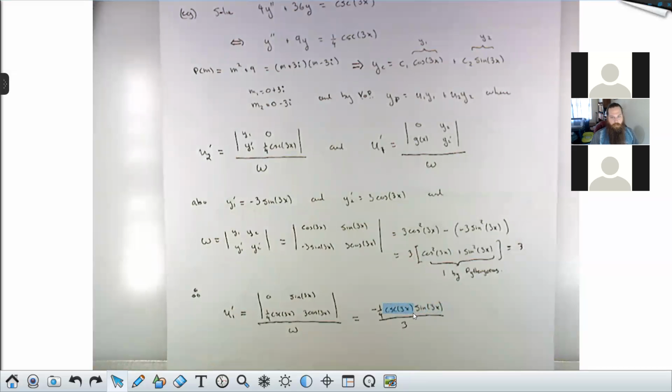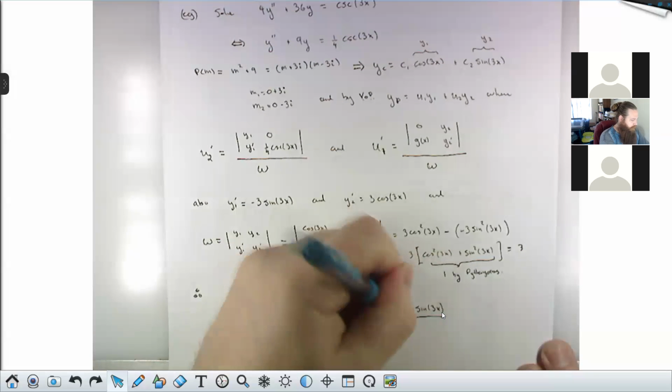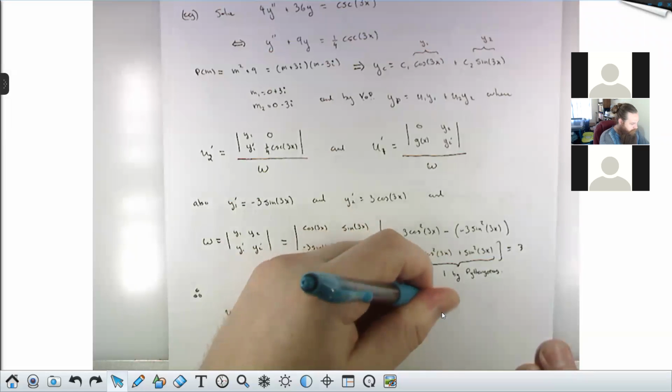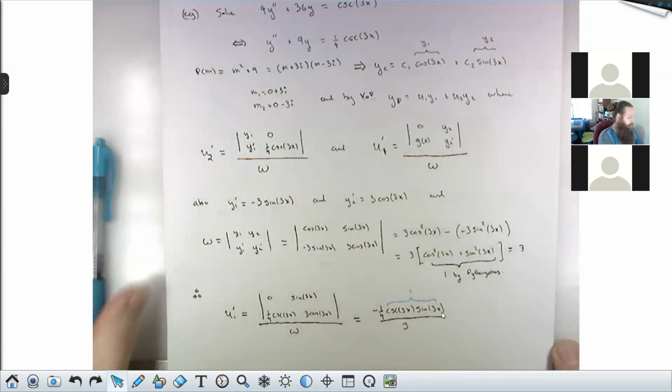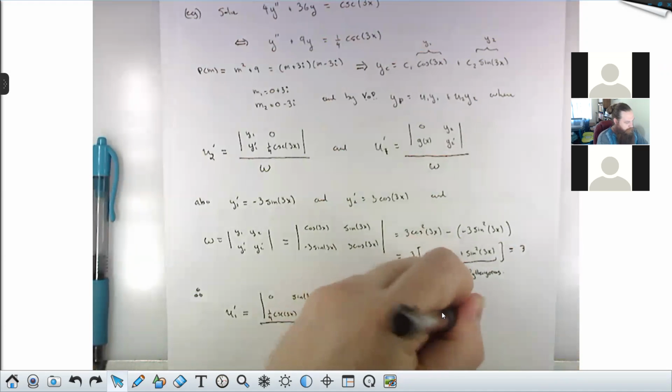Right? This piece right here is 1 over the sine of 3x. So when you multiply these two, you get 1, by the definition of the cosecant function. So really all you have here is -1/4 divided by 3, which is -1/12.